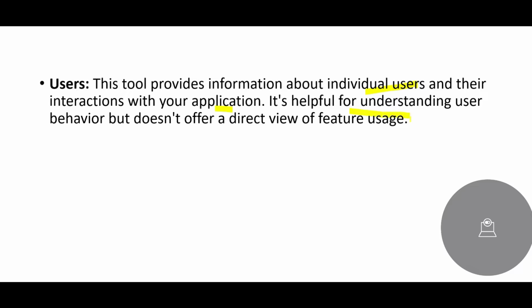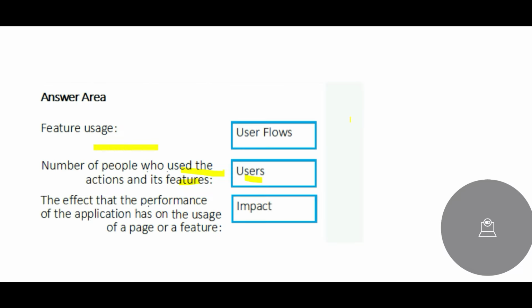It is useful for understanding user behavior, but does not offer a direct view of feature usage. So this will only give you a view of user behavior and the users' interactions with applications. And that is why, if you want to understand the number of people who use the actions and its features, it can help you with that.